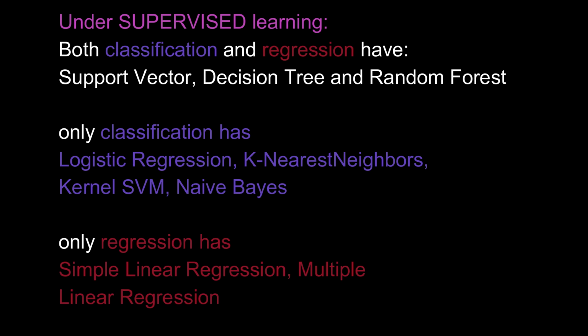Logistic regression, k nearest neighbors, kernel SVM, and naive Bayes. Which ones does only regression have? Simple linear regression and multiple linear regression.